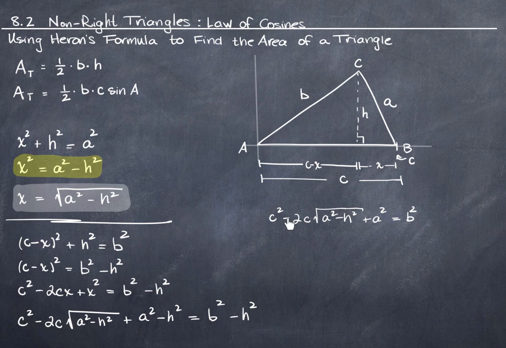In the next step, I'm going to move this to the right-hand side. I'm going to add the quantity 2c times the square root to both sides. At the same time, I'm going to subtract the b squared from both sides. So I'll get a squared minus b squared plus c squared equals 2c times the square root of a squared minus h squared.